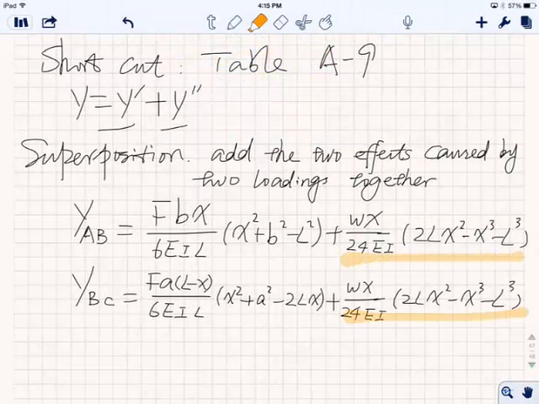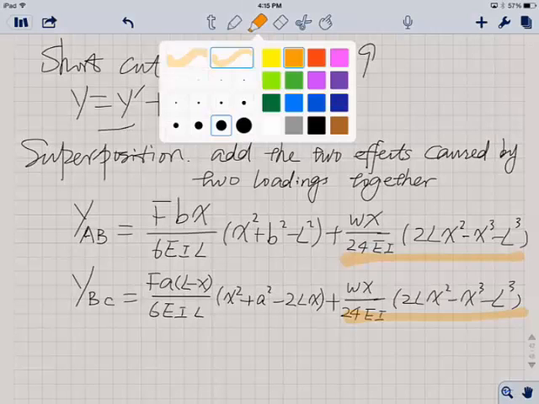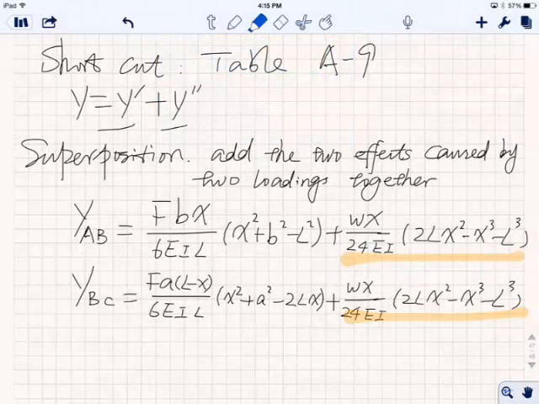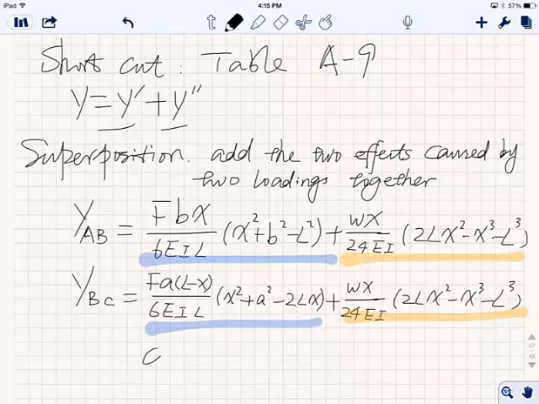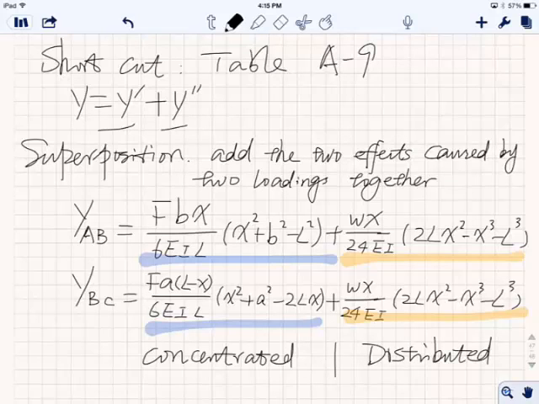Here and here they are from the distributed load, while this section and this section are from the concentrated load. Right? Okay, so all you need to do is just add them together. But unfortunately, for concentrated load, the function is not continuous, so there's no way we can have one equation for all.